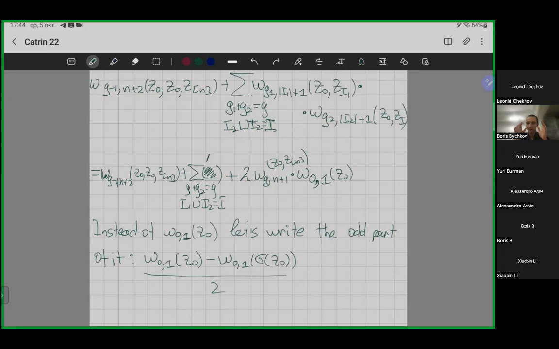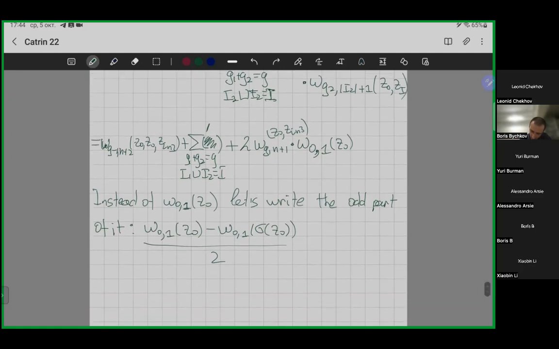So it doesn't change the condition of the linear loop equation. This omega G,n plus 1 times some even regular stuff again has odd principal part in the first variable. So the condition of the linear loop equation holds.